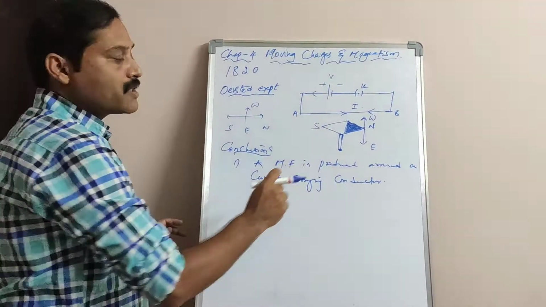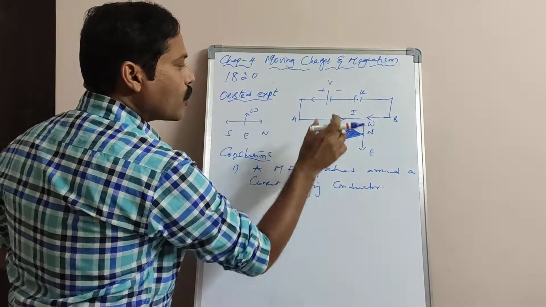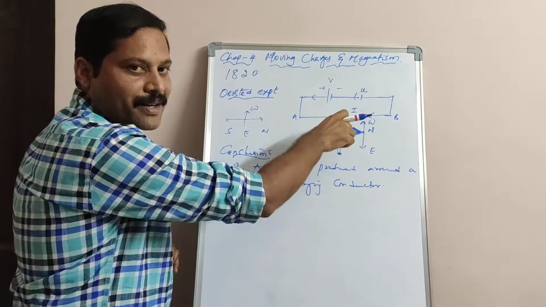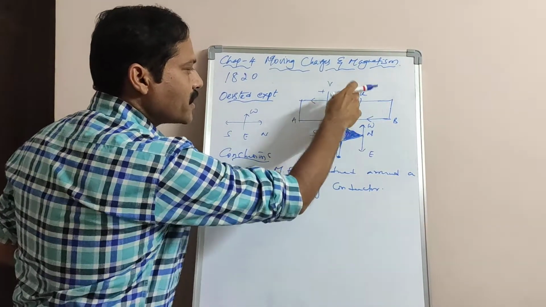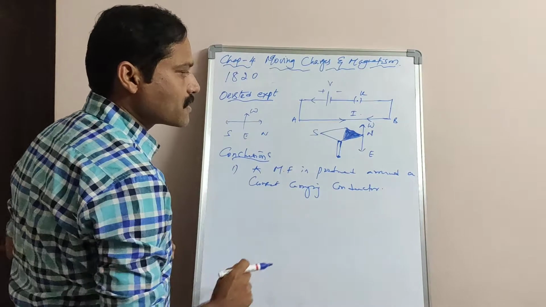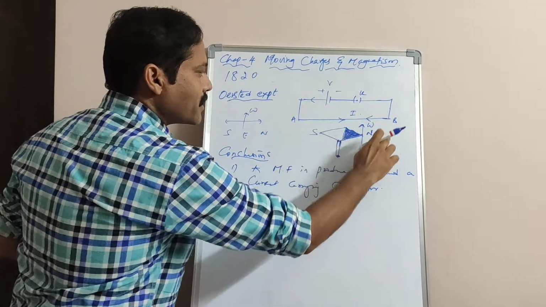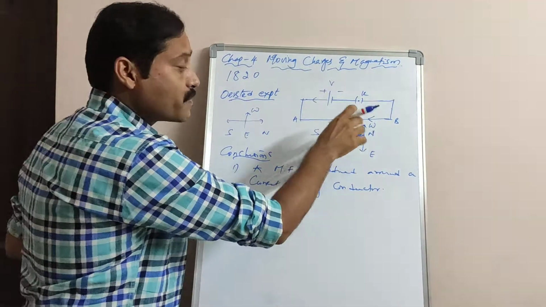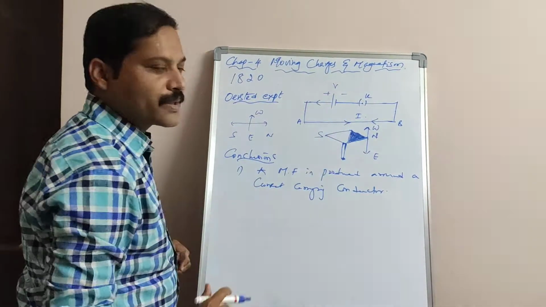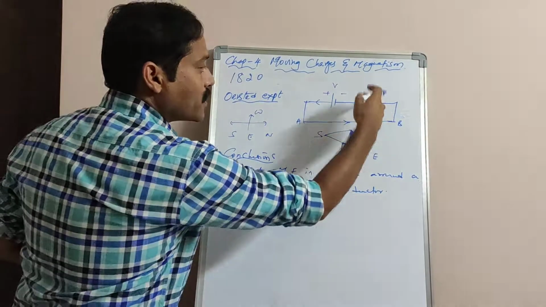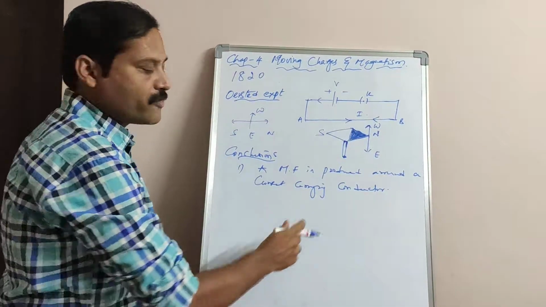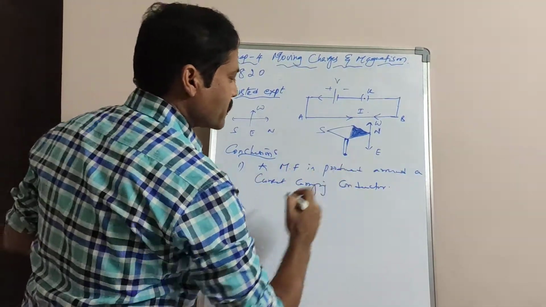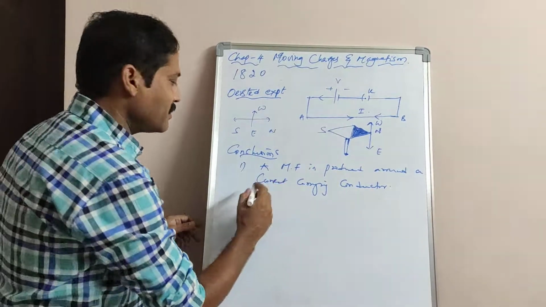The magnetic needle gets deflected only when it is placed in a magnetic field. So when the needle deflects towards the west side or east side, we can understand that some magnetic field is produced around this current carrying conductor, which makes the magnetic needle deflect. So the first conclusion is, a magnetic field is produced around a current carrying conductor.